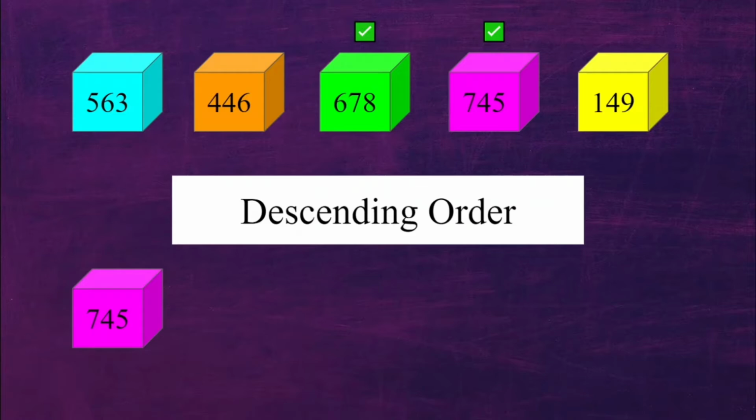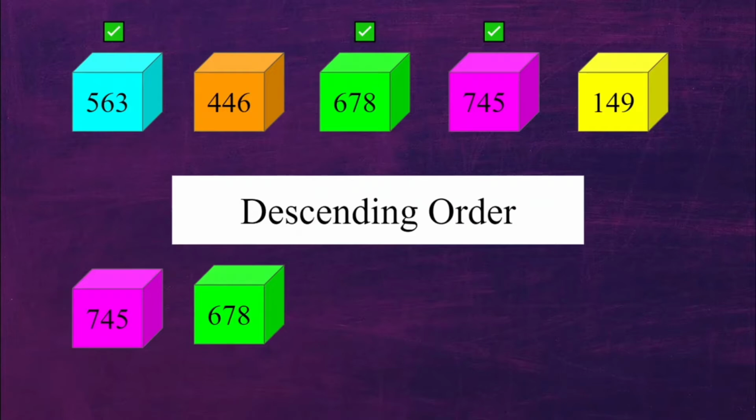Yes, it's 678. So we will arrange 678 after 745. Now, which among the 3 boxes has the greatest or the largest number? Very good. It's 563. So 563 is the greatest among these 3.